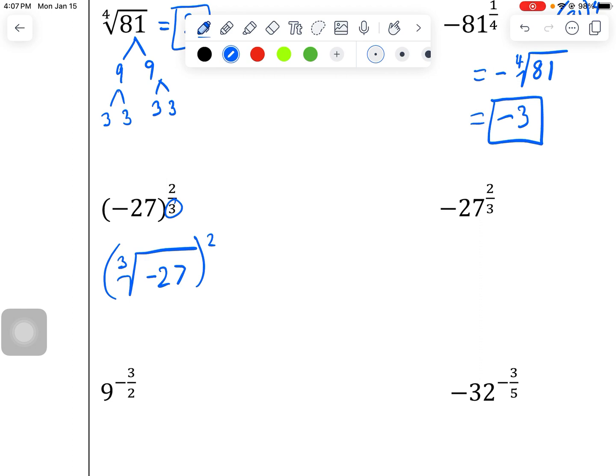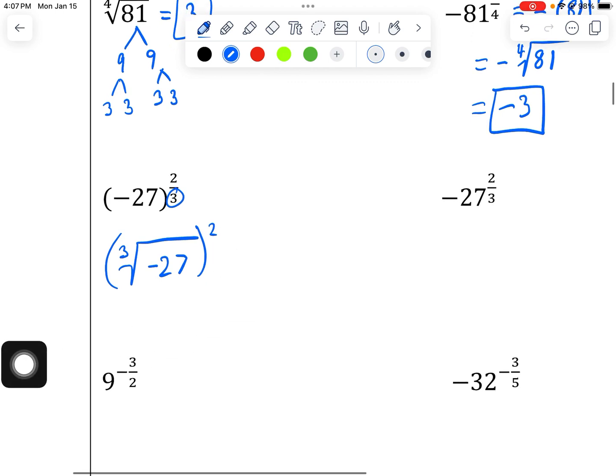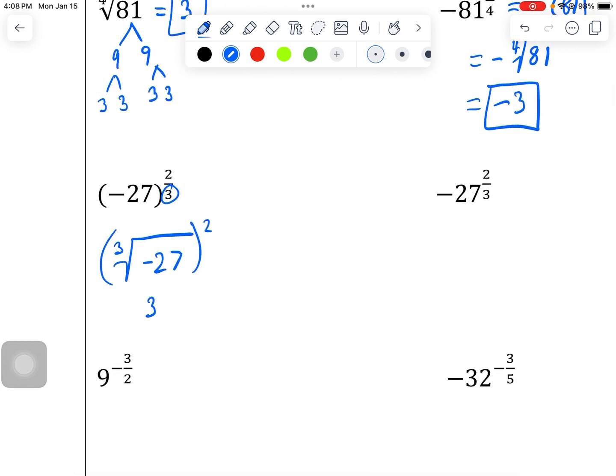The reason I'm doing that is because I know that I can take the cubed root of 27. That's a perfect cube. And then when I square it, that just makes it easier. So the cubed root of -27, if you recall, 27 is a perfect cube. It ends up just being 3. But because it's a -27, it's actually going to be -3. We're going to keep the parentheses, and -3 squared would end up being 9.